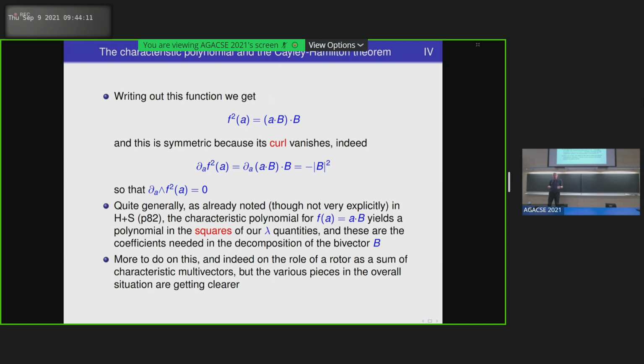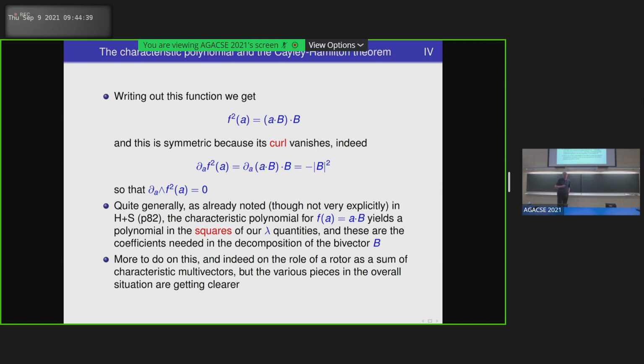So in fact, its curl vanishes, therefore it has to be symmetric as a linear function. And so what Martin and Stephen are doing is re-expressible back in this case as a Cayley-Hamilton theorem for a function f equals a dot b, which by itself yields this f squared function, which is purely symmetric, and then of course you get the eigenvalues because it's purely symmetric, which is quite nice.